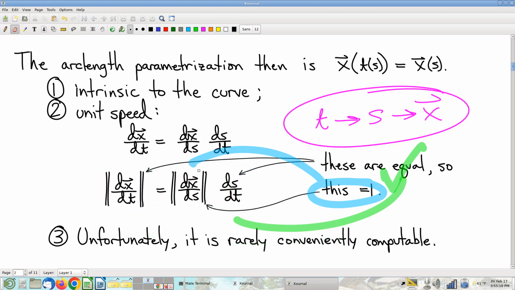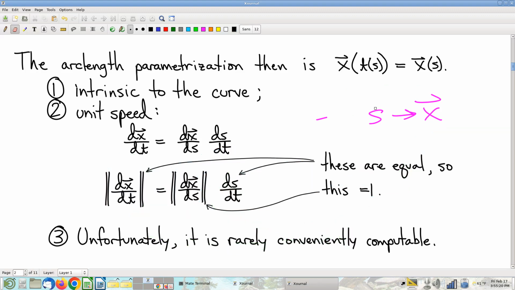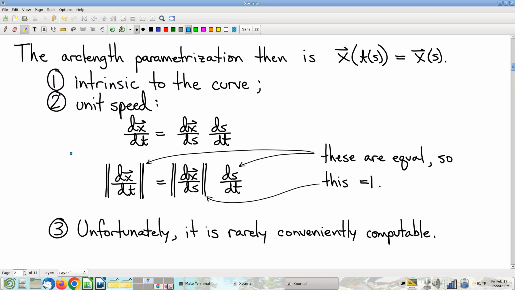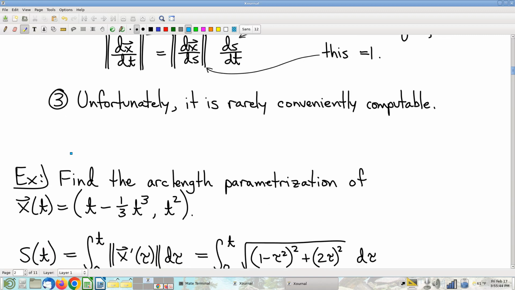Okay. Alrighty, so it's unit speed, it's intrinsic to the curve, it's a really good thing. And by the way, partly because of these reasons, it is extremely useful to assume or discuss arc length parameterizations when you're trying to prove theorems in geometry. Now, that said, how do you find an arc length parameterization?